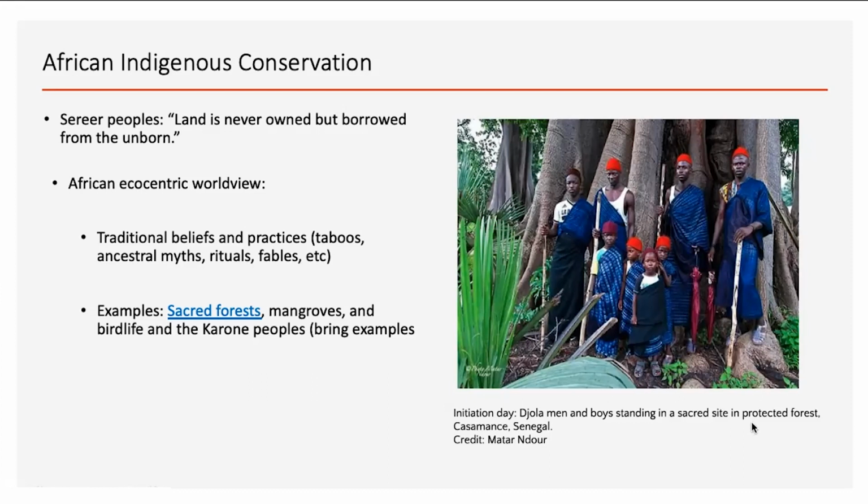It's probably one of the most biodiverse regions in Senegal. And it's also a very important transition zone between the Sahel and Sahara region, which is much more arid and desertic, and the subtropics of West Africa. And so protection of those lands is absolutely critical.